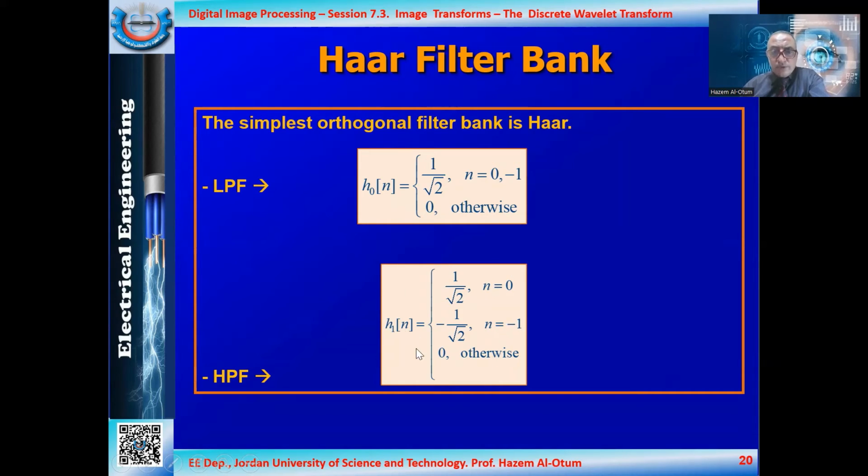Of course, these two filters are the impulse responses of these filters in time domain that will be converted into low pass and high pass filters in the frequency domain. The length of the filter is just 2 elements actually, and you can add 0 padding if you are required to have longer sequences. This is just in one dimension.